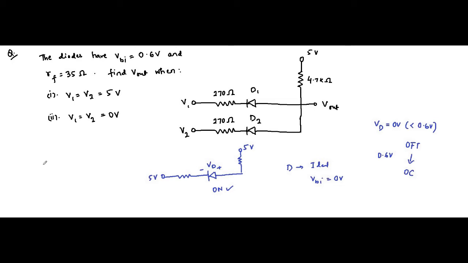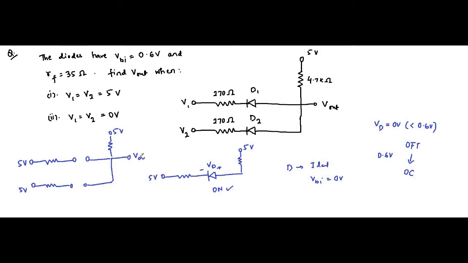So what it means is that both the diodes D1 and D2 will be open circuited.